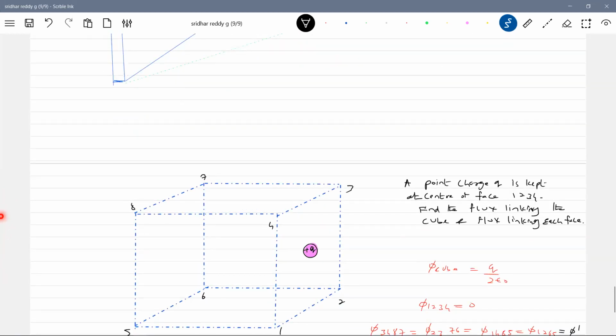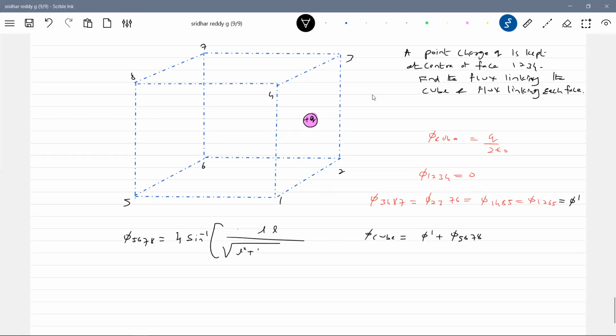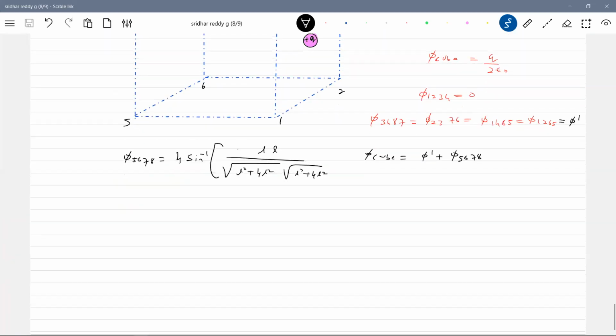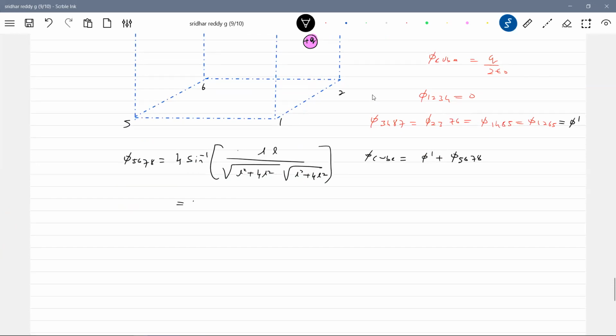Again it will be L square plus 4D square, with the side equal to L, and the distance at which the charge is kept is also equal to L. Solving this for sine inverse, L square by root 5 L square, L square will get cancelled, giving 1 by root 5. That is only the solid angle, sorry.